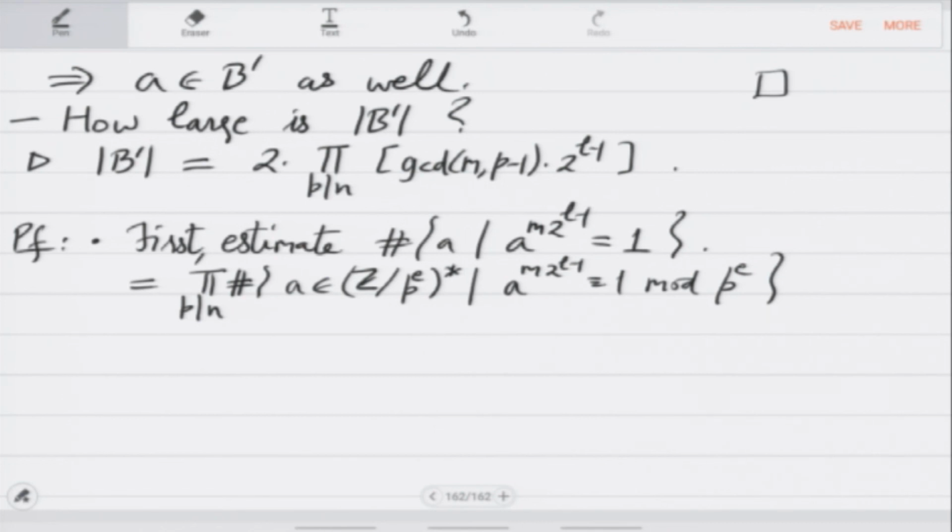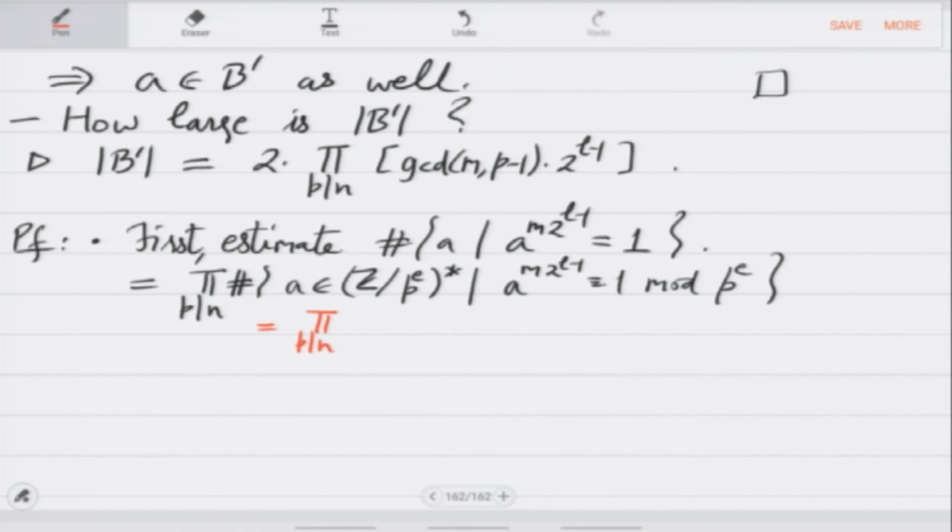Here it will be important that Z mod P raised to E star is cyclic. So this number will come out to be, basically think of a generator of Z mod P raised to E star, and it will have order phi of P raised to E.